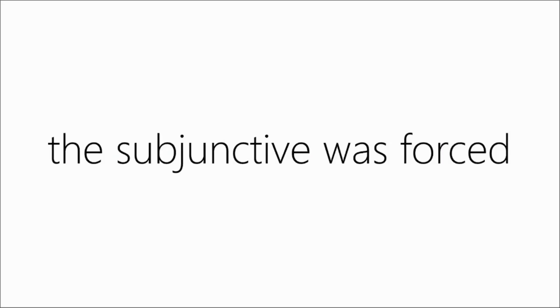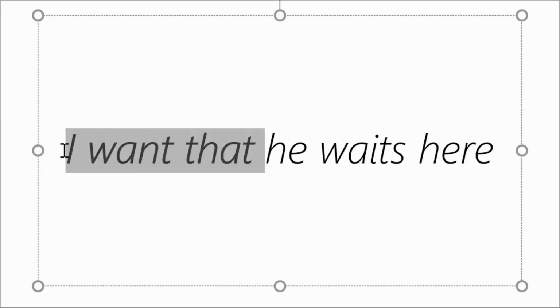Now, what's interesting about this is that the subjunctive was forced, because I want him to wait here. There's no way to say that without using the subjunctive. We're forced into saying, I want that he waits here. And as soon as you express that, I want that he does whatever it is, it's a trigger.